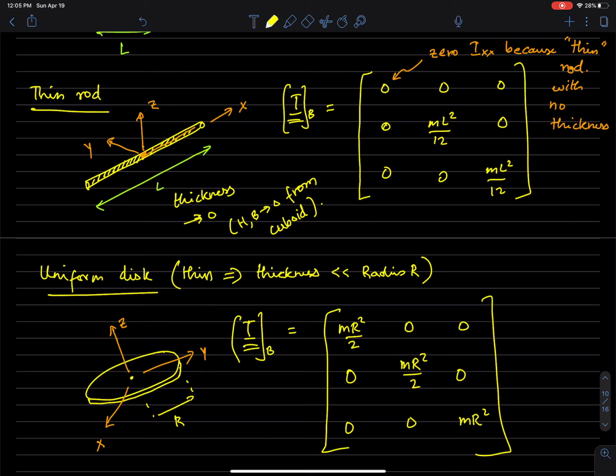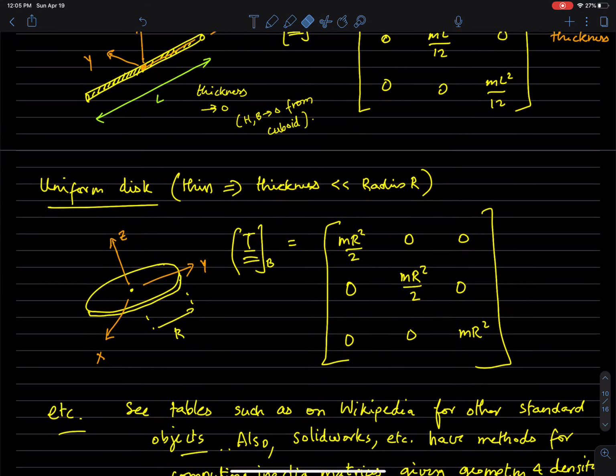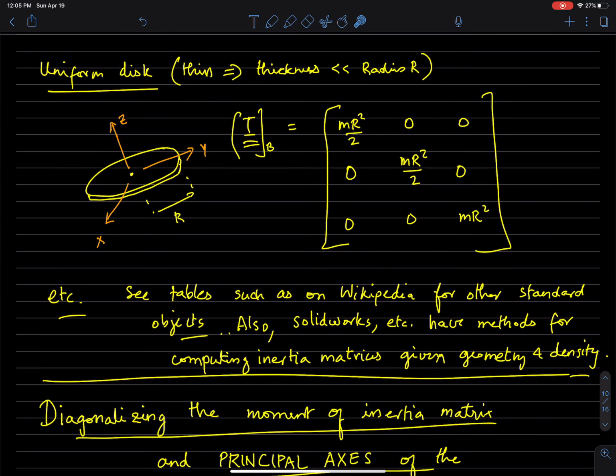Okay, so that's how you get this expression. Okay, so that's the thin rod, and then uniform disk. We already saw the 2D disk. For the 2D disk, this is the moment of inertia.